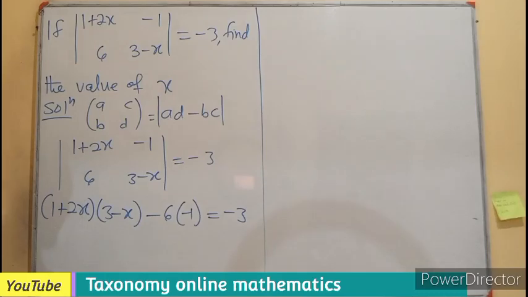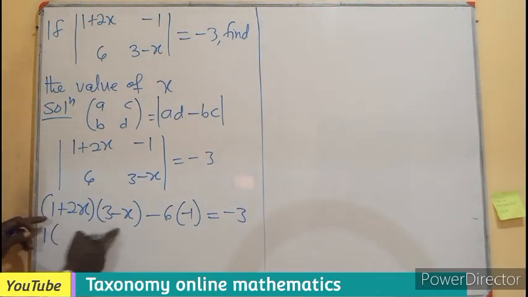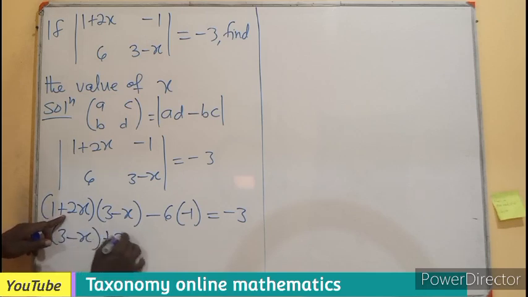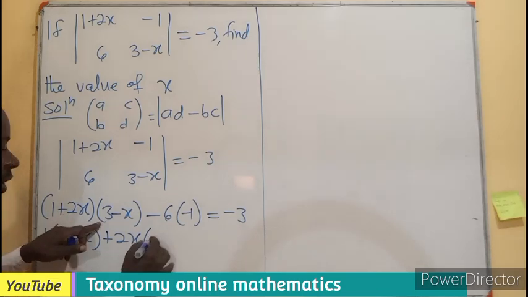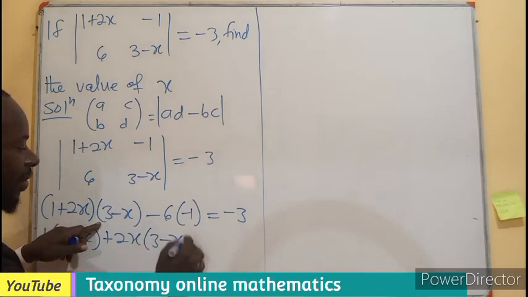All right. Now this becomes two brackets that we are going to expand, either using the distributive method or the full method. So in this case, 1 will multiply 3 minus x, then plus 2x will also multiply 3 minus x.